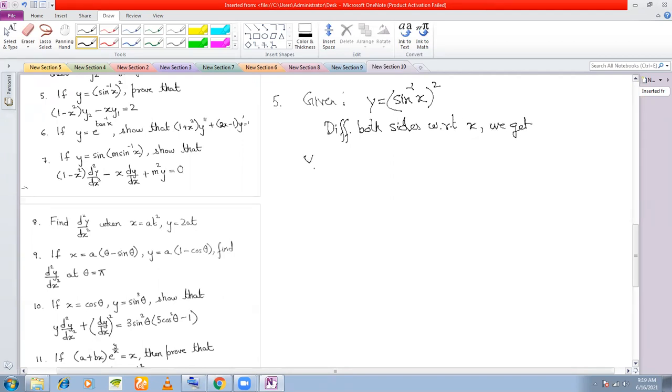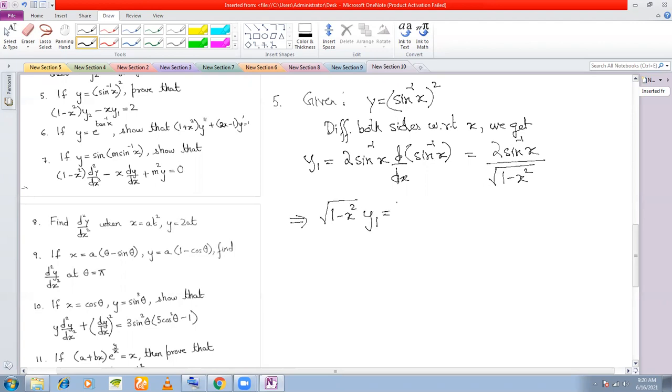We get y1 is equal to, first differentiate this by the x to the power of n rule, so you get 2 sine inverse x into the differentiation of sine inverse x. You know the differentiation of sine inverse x is 1 by root of 1 minus x square. So now you cross multiply to get root of (1 minus x square) y1 is equal to 2 sine inverse x.